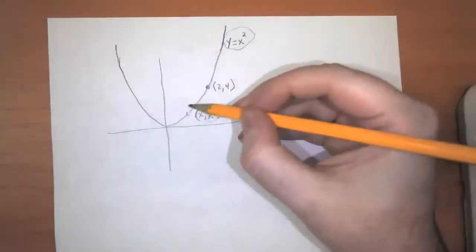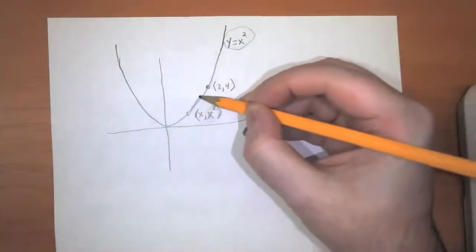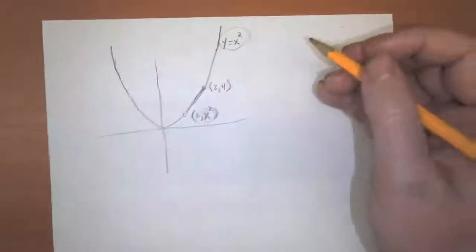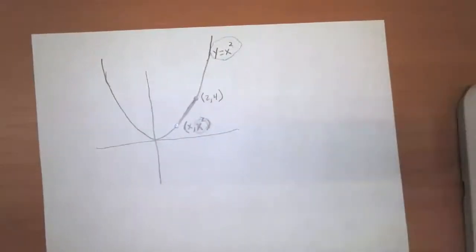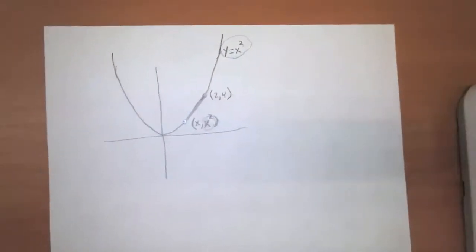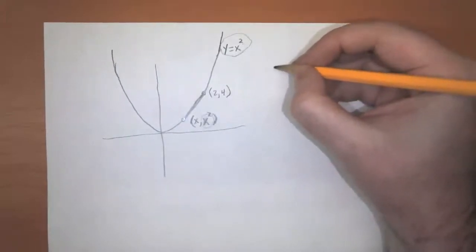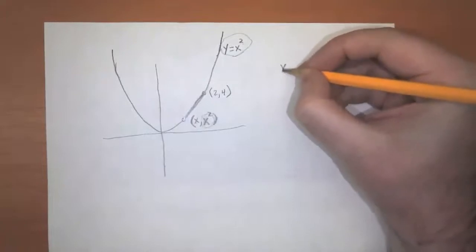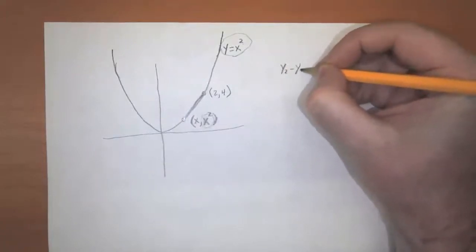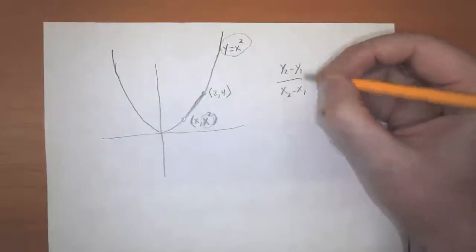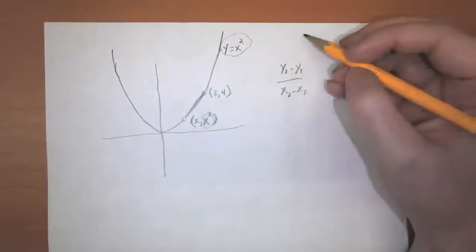So now, if we want to take the slope of that line segment there, we're going to need to remember the slope formula. This, once again, is Algebra 2 stuff. The slope is y2 minus y1 over x2 minus x1, where those are the coordinates of the 2 endpoints of the line.